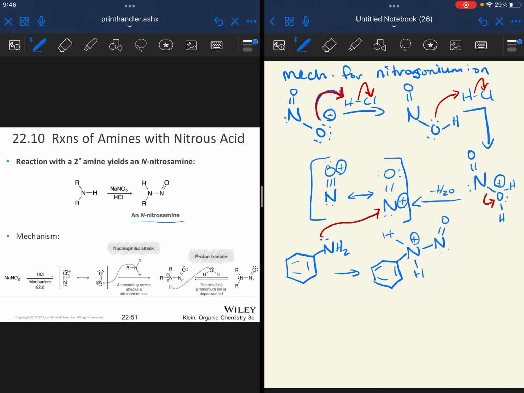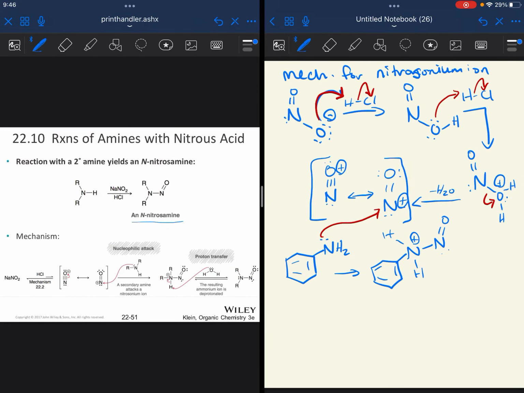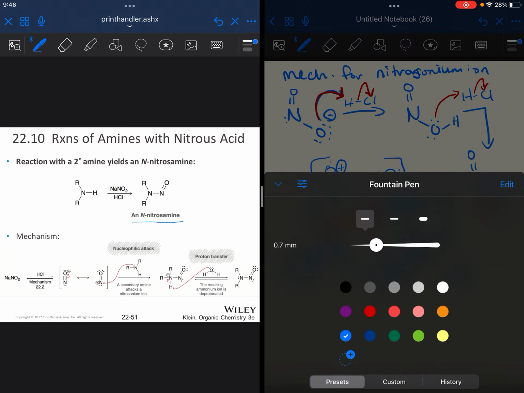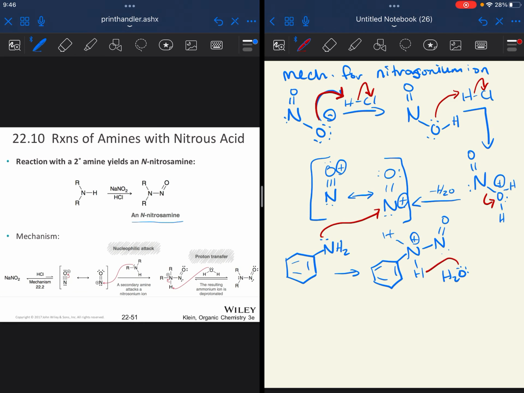We are going to get a neutral intermediate. So there is water around, right? If anything, we lost water in the last step, plus HCl is an aqueous solution. The sodium nitrite is usually an aqueous solution as well. Water is going to come along and snag that little proton for us. All right, give those electrons back.